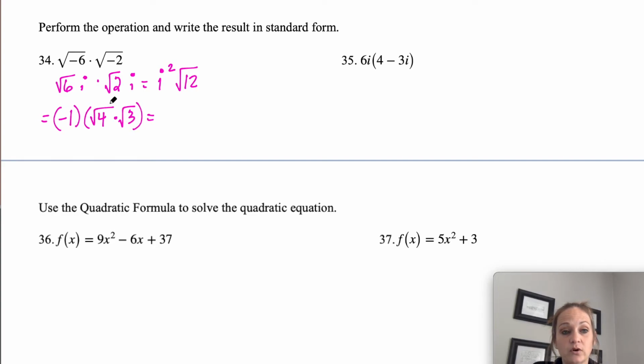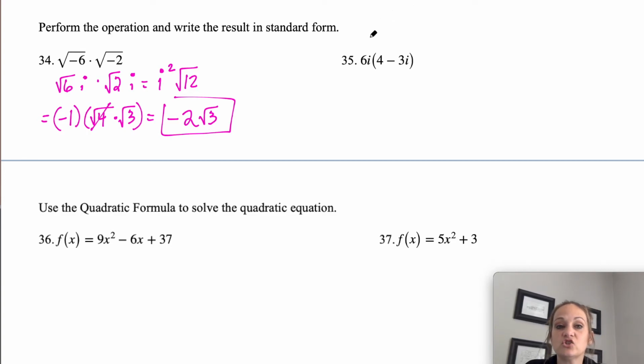So the square root of 4 is 2, so -1 times 2 is -2, and then you're left with the square root of 3. Again, do not multiply a negative times a negative that's underneath the square root. You cannot do that. You need to bring it out as an i first, and then find your answer.